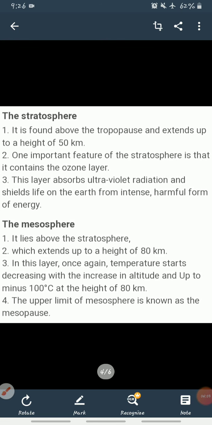Next is the mesosphere. It lies above the stratosphere and extends up to a height of 80 kilometers. In this layer, once again, temperature starts decreasing with the increase in altitude, down to minus 100 degrees Celsius at the height of 80 kilometers. The upper limit of the mesosphere is known as the mesopause.